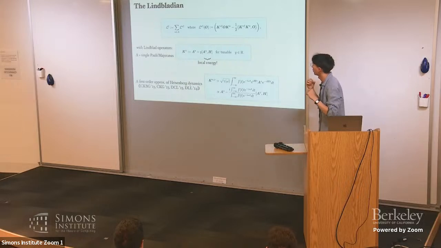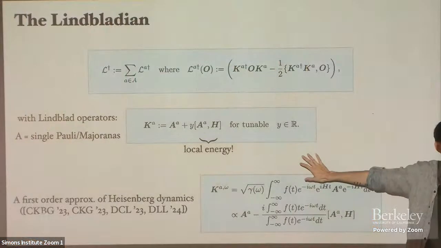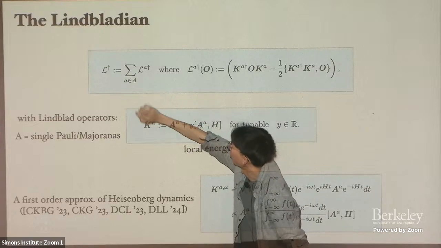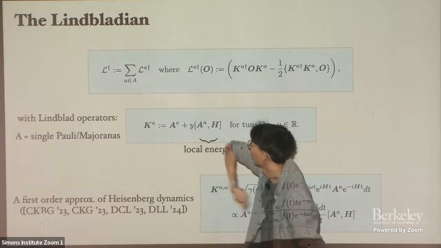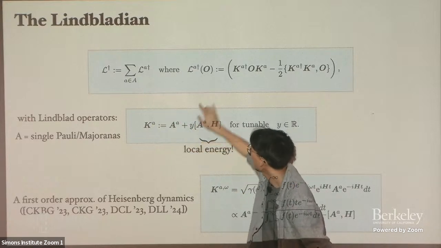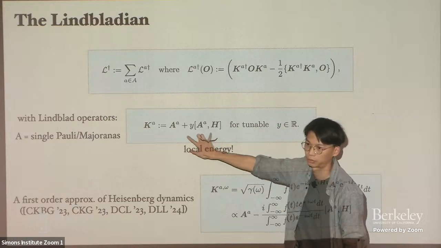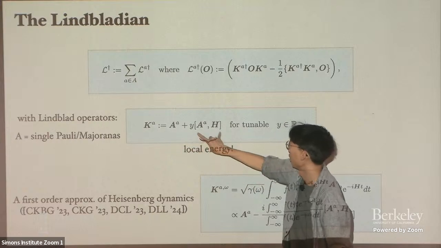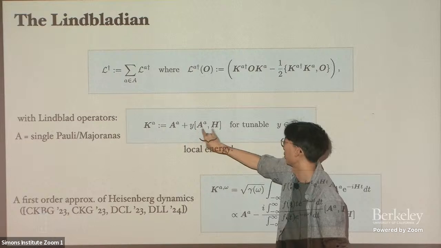So here's the map you actually apply. This is a Lindbladian where you apply a local term for each site, where each of these is a baby version of a Gibbs sampler, but a much truncated one, with a single-site Pauli or Majorana, and then you add a little tilt that depends on this commutator.